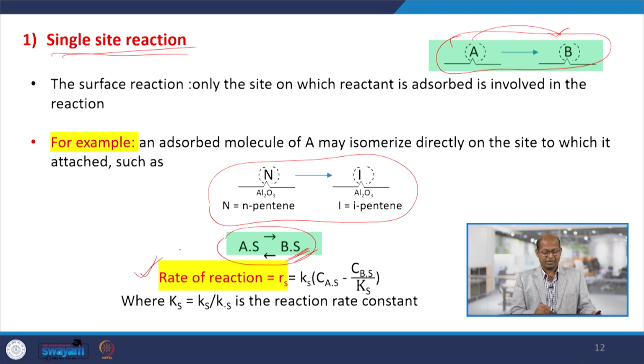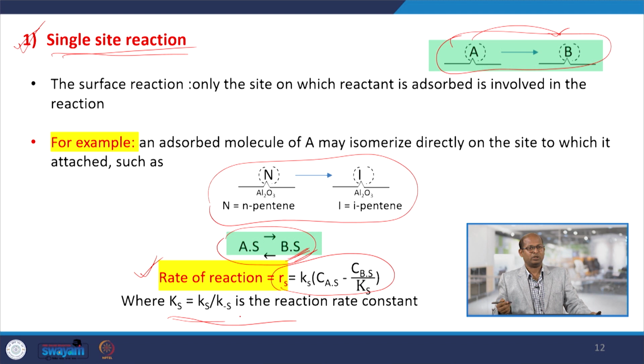Then the overall rate for this particular single-site mechanism we can write this way. Here capital K_S is the overall equilibrium constant, K_S equals small k_s divided by k_-s, that is, the ratio of forward and backward reaction rate constants.